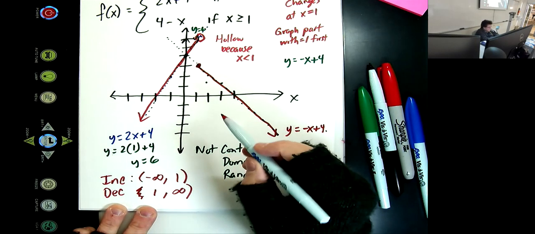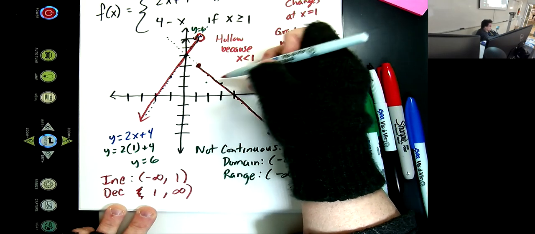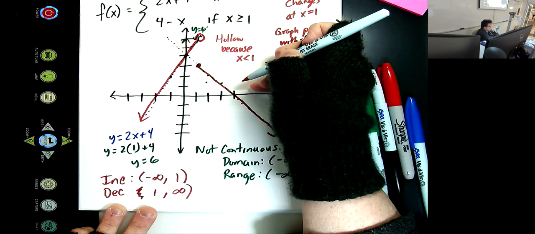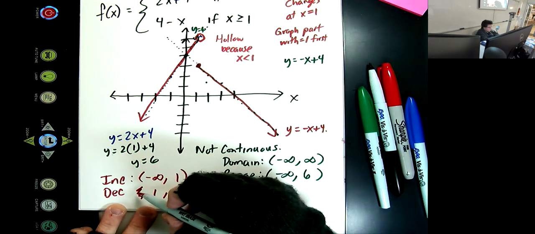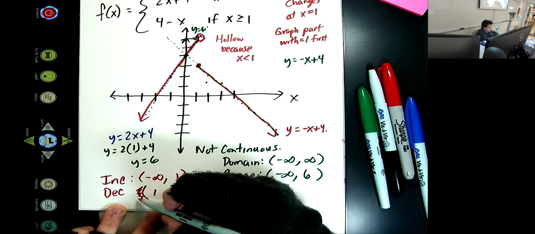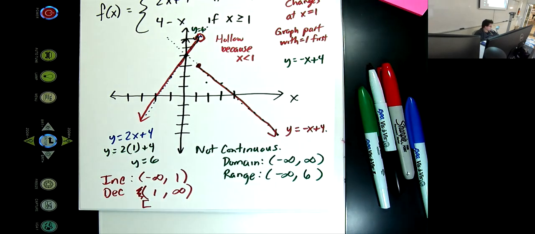Decreasing, it's kind of iffy if you want to say it's decreasing at 1. Depending on who you talk to, they're going to use a parenthesis or a bracket. I'll have to look up what they say in this book.